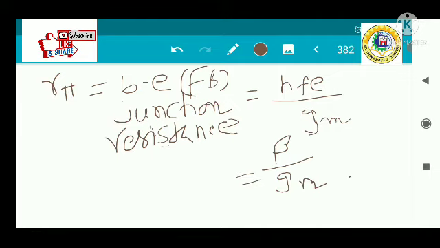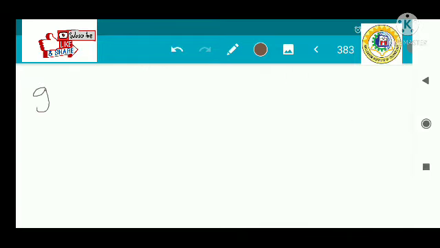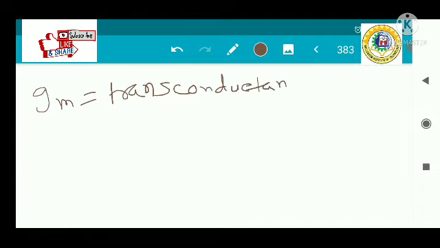So next is your GM. What is GM? GM is nothing but the transconductance. Transconductance is the ratio between the current and the voltage.